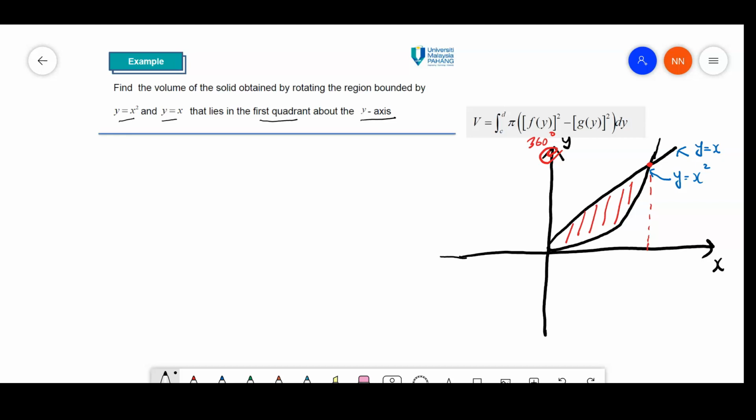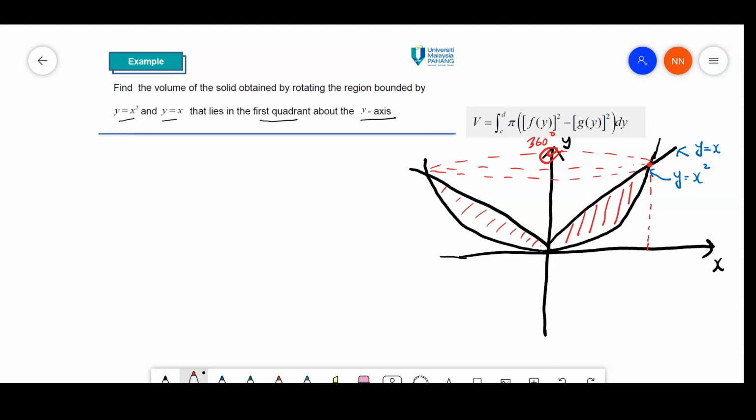So we should have something like this. It gives you a solid like a hemisphere.